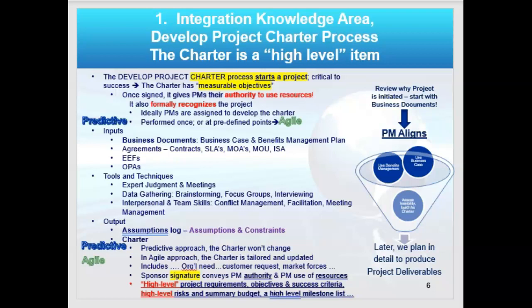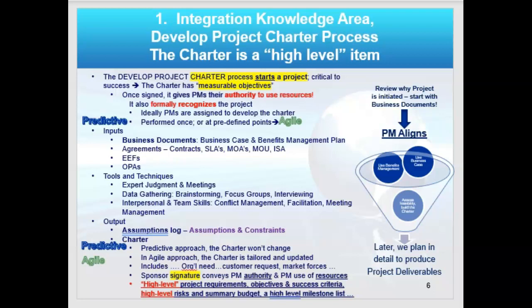Now my output, bam, has two. There are two outputs to develop project charter. One is the charter itself. That makes sense. And in the predictive approach, the charter is probably not going to change. As I mentioned, in the agile approach, the charter is tailored and updated as you go along.